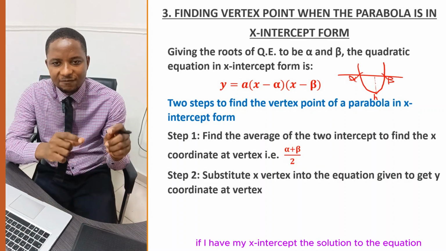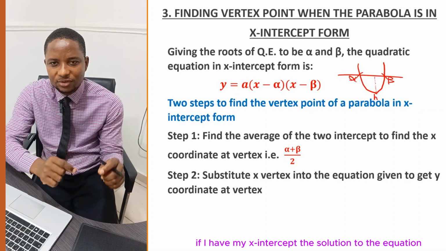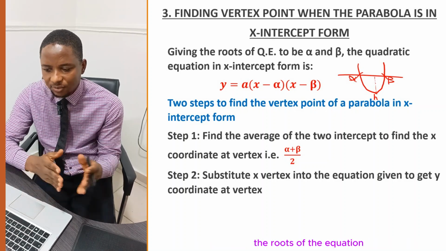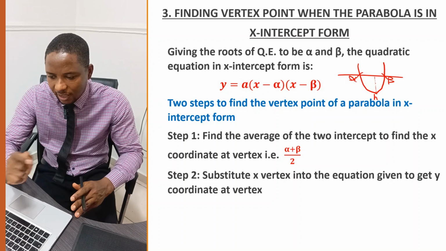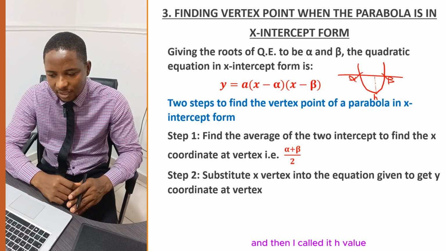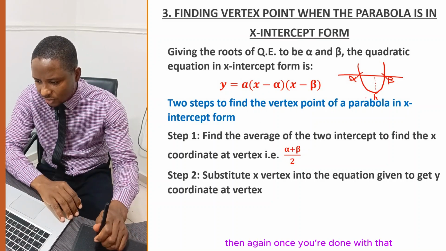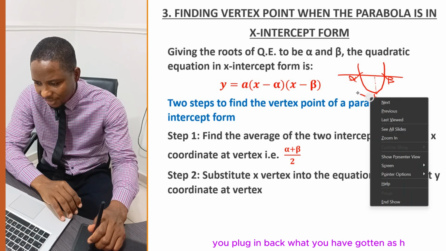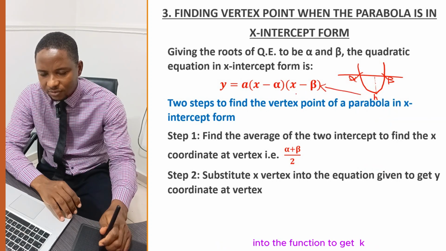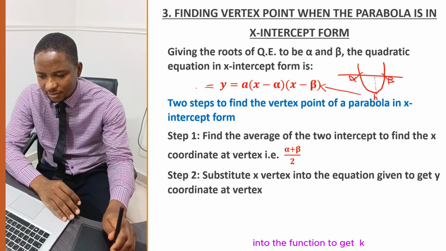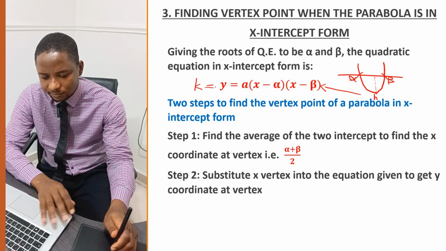So if I have my x-intercepts, the solutions or roots of the equation, I take the average of the two and call it my h value. Then once you're done with that, you plug what you have gotten as h back into the function to get your k. And that is all.